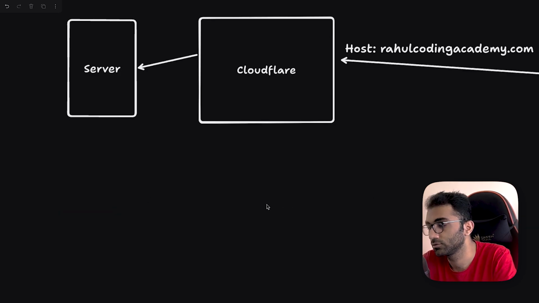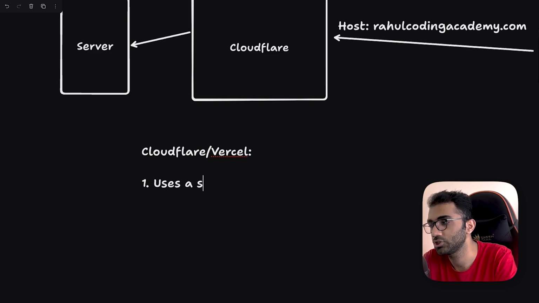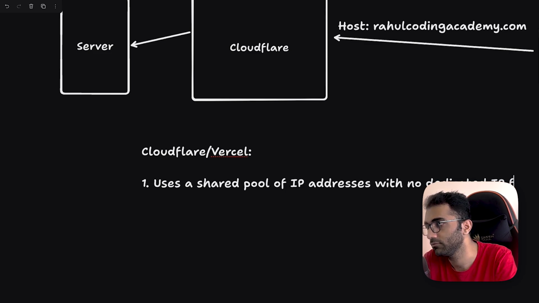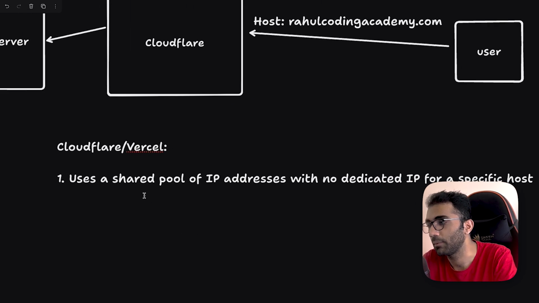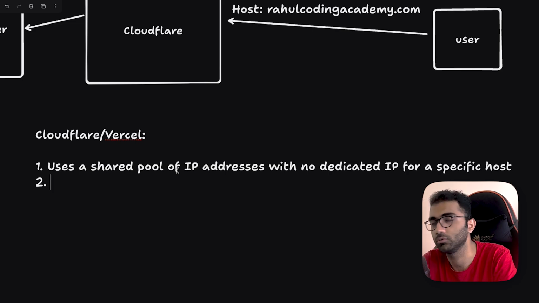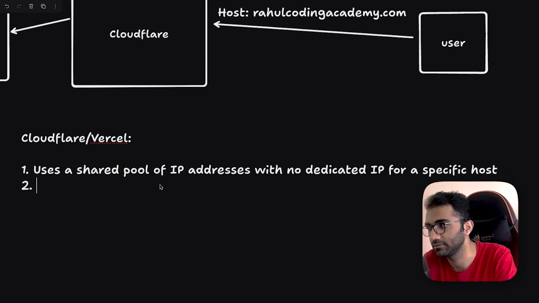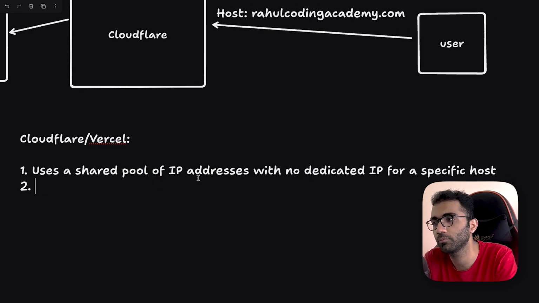So far, what we have understood is that Cloudflare as a provider, or even Vercel, I think, uses a shared pool of IP addresses with no dedicated IP for a specific host. You do get dedicated IP addresses with Cloudflare on the enterprise plan, I think, but it becomes expensive. On a free, pro, or even business plan, you don't have that option.